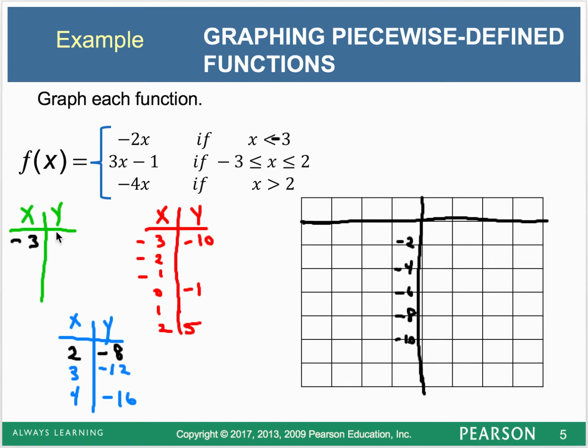Negative 2 times negative 3 is positive 6. But I'm not actually going to plot that as a point. It'll be a hole. And then let's say negative 4 and negative 5, less than negative 3. So negative 2 times negative 4 is positive 8, and negative 2 times negative 5 is positive 10. All right, so we'll have to go back and redo my scale. I thought that worked out a little too nicely with them all being negatives.